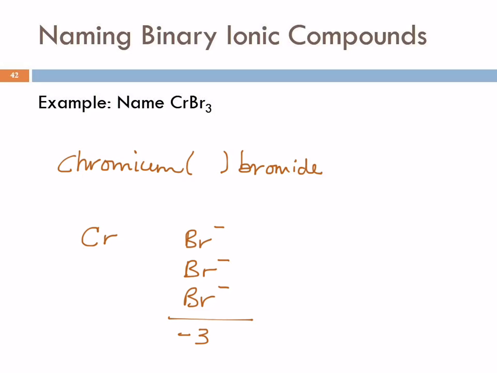If the total negative charge is -3, the total positive charge has to be +3 because ionic compounds are neutral overall. So we have a +3 charge, and it's going to be distributed on just 1 chromium ion. So this gets all of it, 3+. Does that make sense?